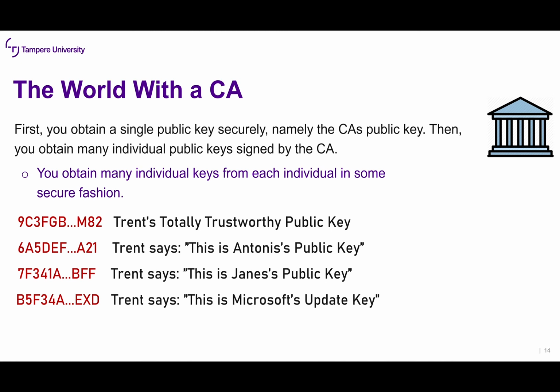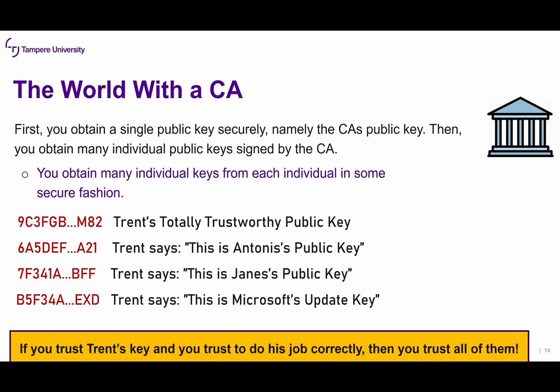Let's say that Trent is our CA. First, you get Trent's totally trustworthy public key. Then every time you want to get a key for an individual, you will do this, let's say, through Trent. It's not exactly true, but anyway, Trent will have signed those keys. It's like Trent saying to you, okay, this is Antonis's public key, this is Jane's public key, and this is Microsoft's update key.